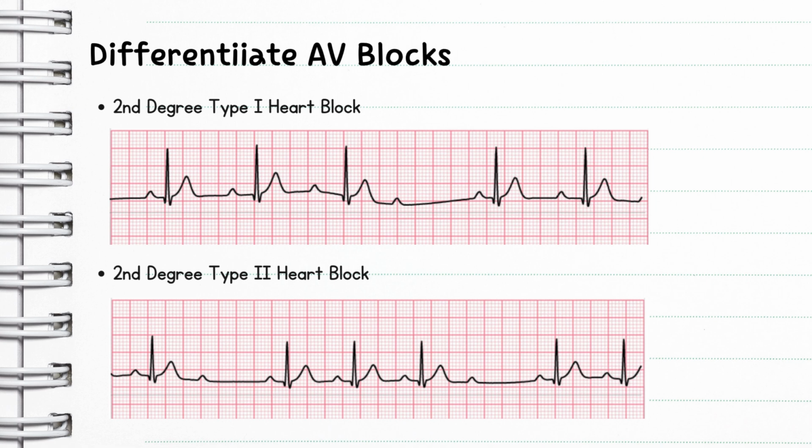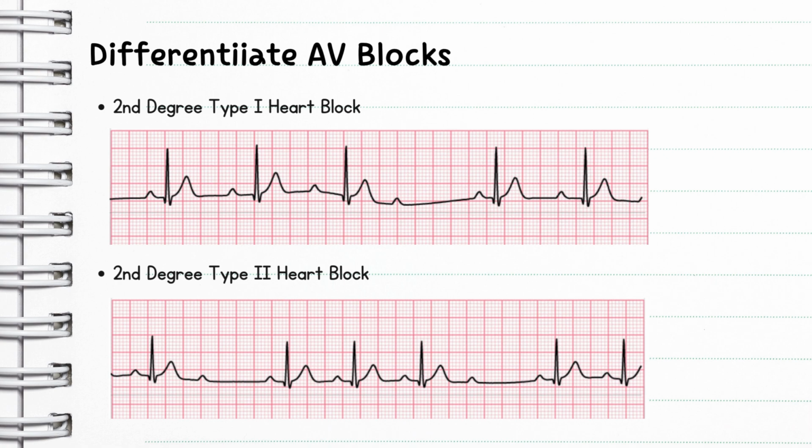In that one, you're going to notice that the PR interval gradually gets longer with each and every beat. So it's a little long, then a little longer, then a little longer, until one of those beats is eventually dropped, which means that a P wave is not always followed by a QRS complex. If you look at the top picture, you see a PQRST, PQRST, PQRST, and then a P, and then nothing, and then another PQRST, and then another PQRST.